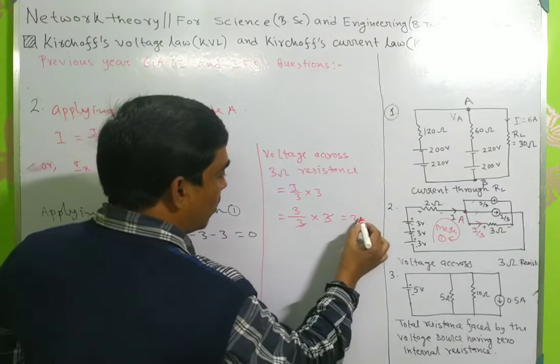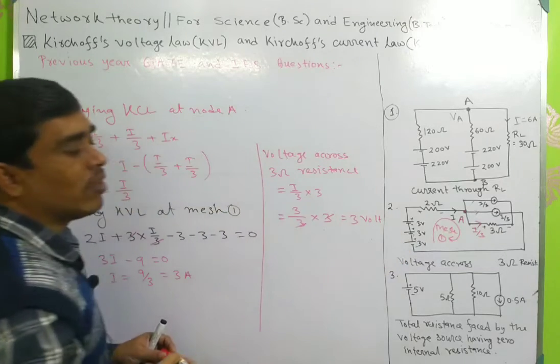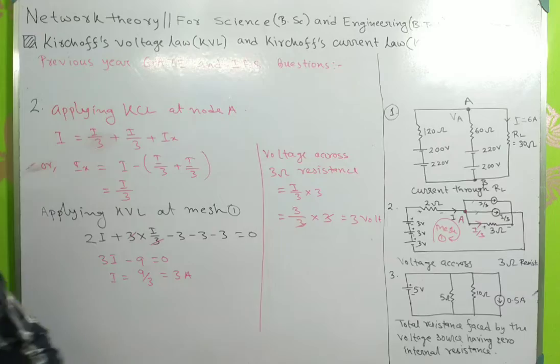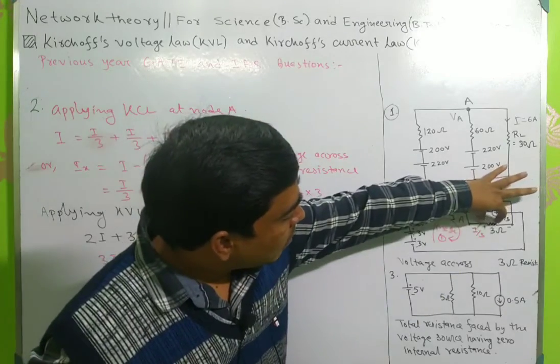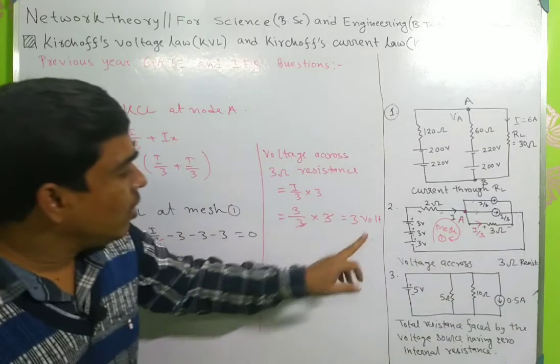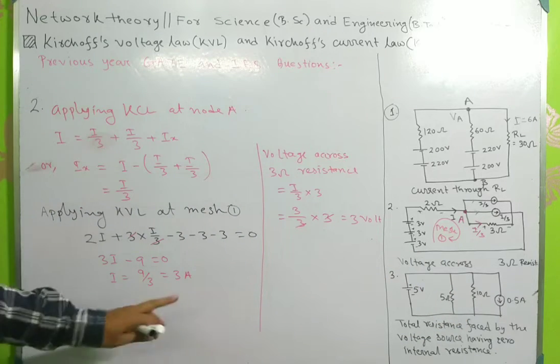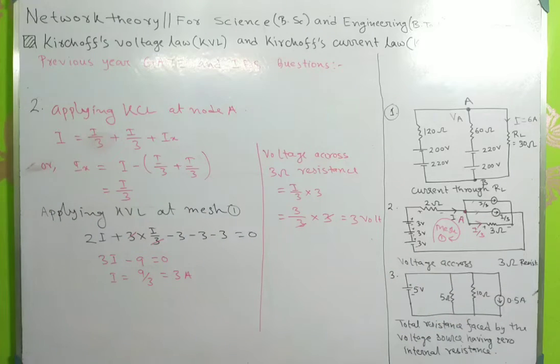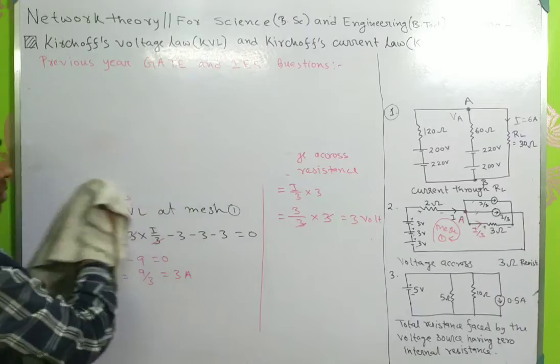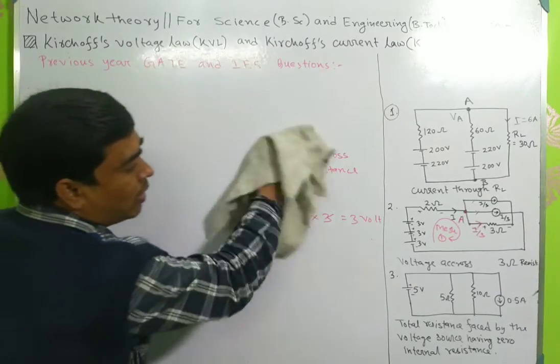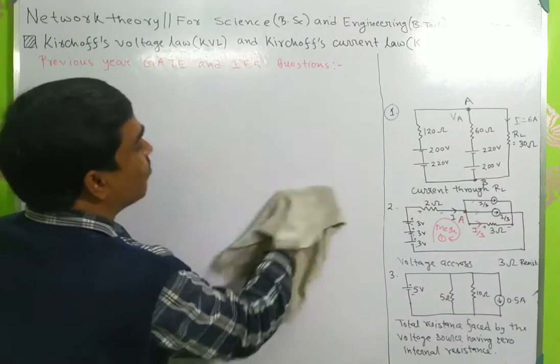So it will be 3 volt. Okay, so the voltage across the 3 ohm resistance is 3 volt. So this is problem number 2. In this way you can solve this problem using KCL and KVL.